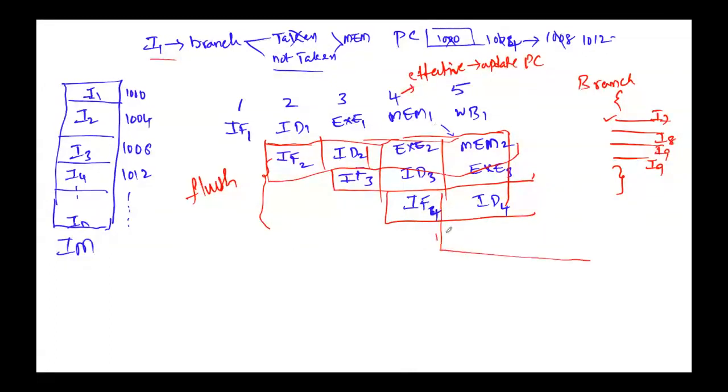Instruction fetching of 7 will be done here. Then instruction fetching of 8 will be done, then 9, and then the instruction fetching of the 10th instruction will be done.